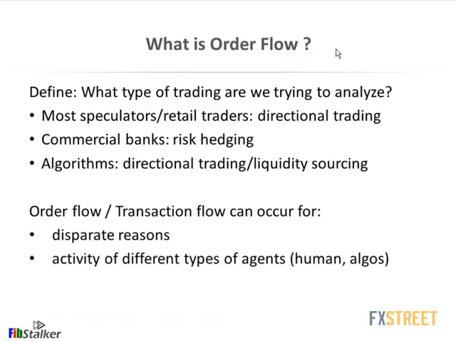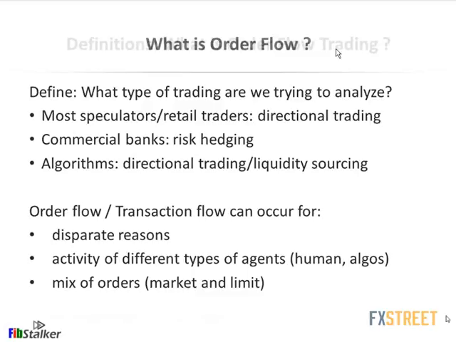And it can be initiated by a different number of agents. They can be human agents, but they can be algorithms as well. I'm going to show you the effect of algorithms, and it can also be executed with a mixed type of orders, like market orders and limit orders as well.